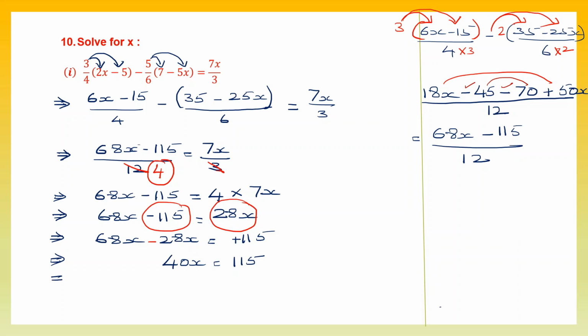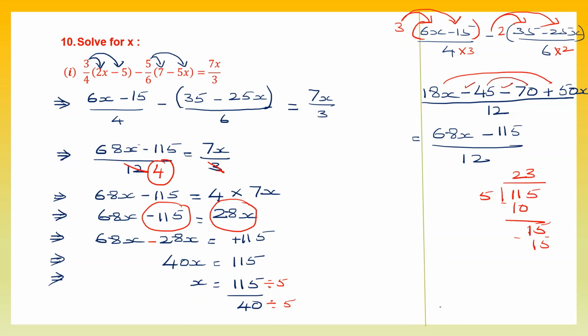115. So how much will x be? x is equal to 115 divided by 40. We can reduce this to the lowest term by dividing both by 5. Both are divisible by 5, that's a common factor. So let's divide 115 by 5. 5 twos are 10, minus 1, and 5 threes are 15.